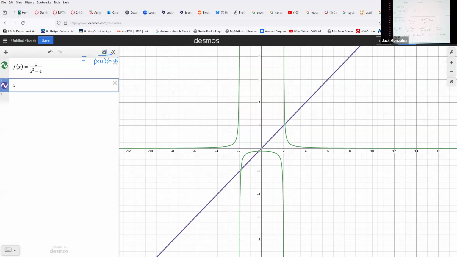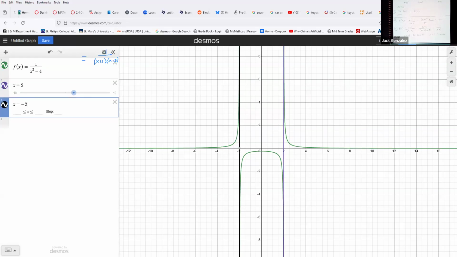So the asymptote equations would be these two. And that's all it is. The idea of an asymptote is basically a value that the graph approaches but never touches. It gets infinitely close but never crosses it.